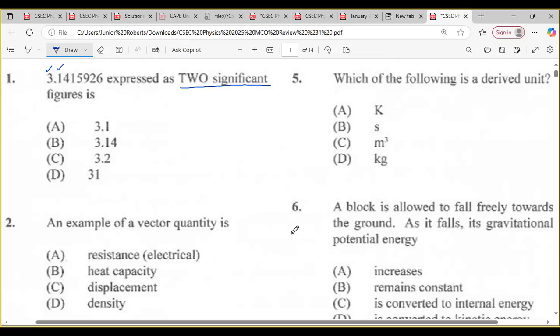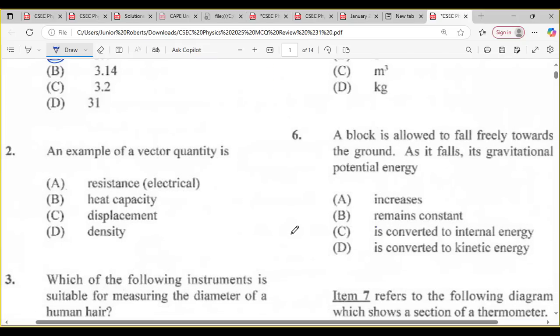Now, before we can write our answer, we have to look to see what follows our second significant digit. In that case, we have a 4 that follows. So since it is less than 5, we're going to keep this digit as 1. If it was 5 or more, then we would round up. So in this case, our answer would just be 3.1, which would correspond to A. So number 1 therefore now would be A.